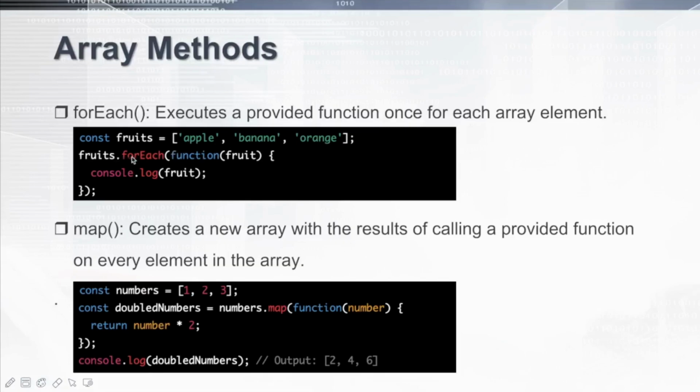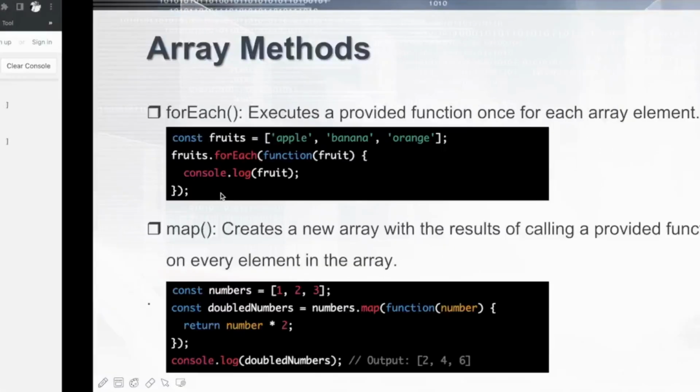When we call the forEach method on this array, it's going to loop through the elements and return each of these elements, apple, banana, orange, and in this case we are printing each of the elements on the screen. So in the function we have console.log fruits, right? So let's see this in action.